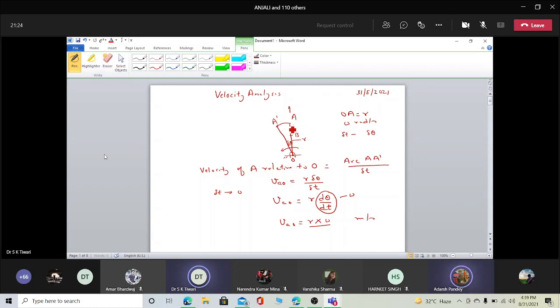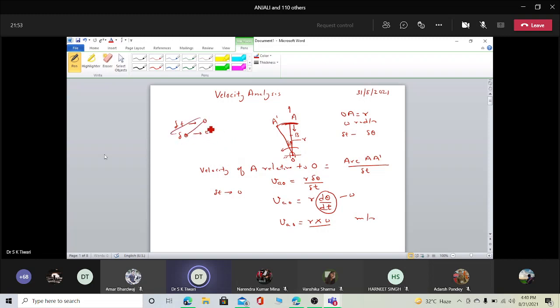Yes, sir. So the only option left is that it will be in this direction, along the arc. Am I right? Now, when delta t tends to 0, what will happen to delta theta? It will also tend to 0.